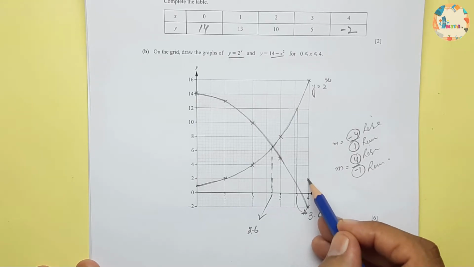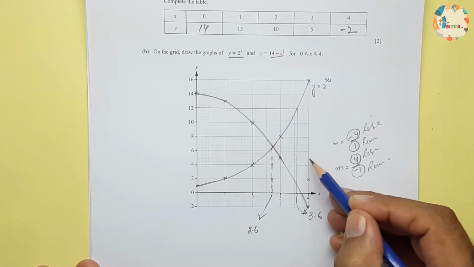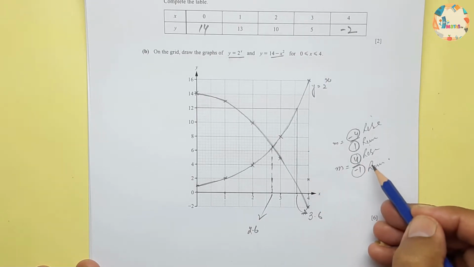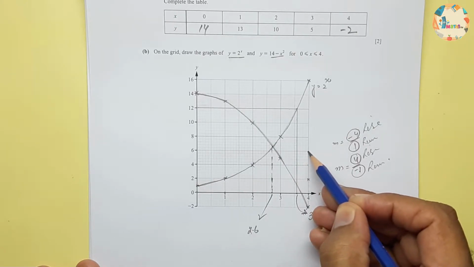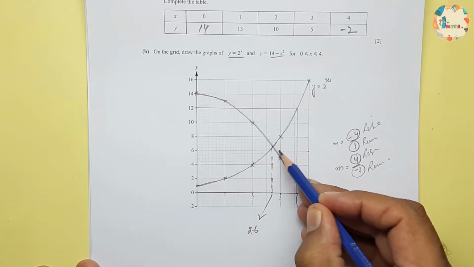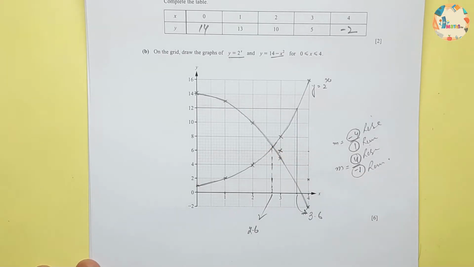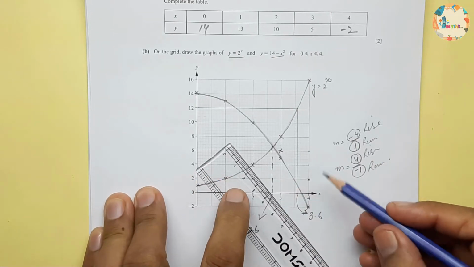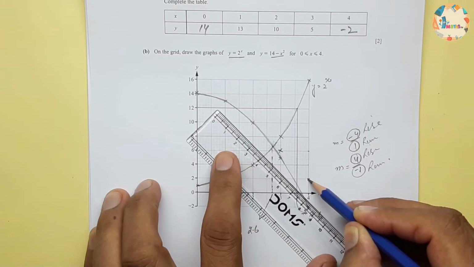Now from this point, 4 units up, and -1 unit means left, so the left value will be over here. So we got this point, and we can draw a line. And this line will be drawn like this one.